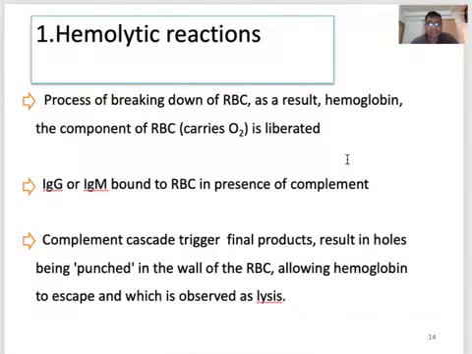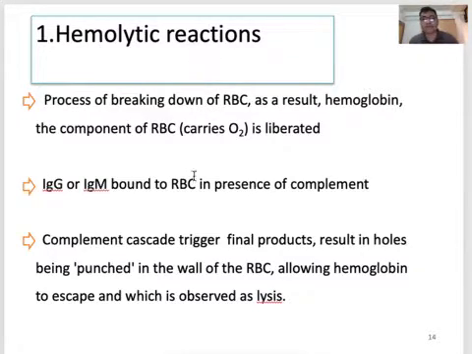It is done by the antibody IgG or IgM. These antibodies bind with the RBC and sensitize it. When the antibody binds with the cells and surrounds them, this is called sensitization.